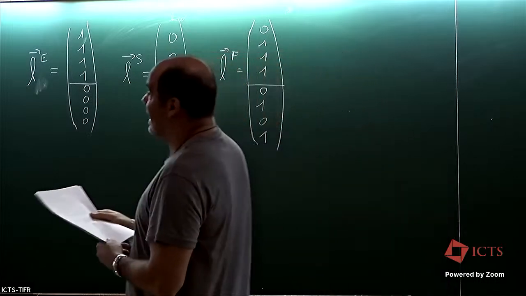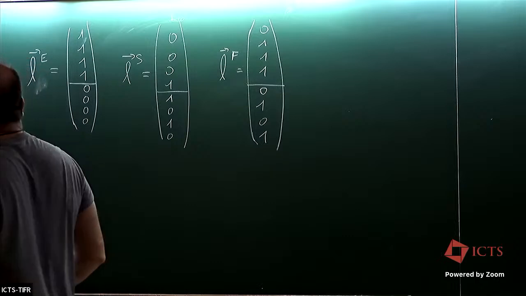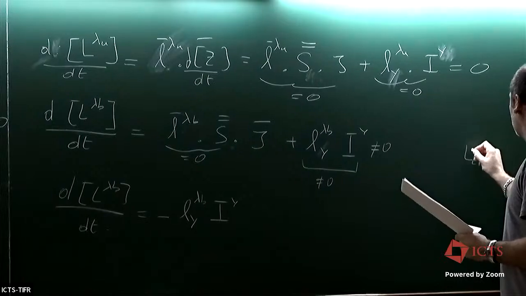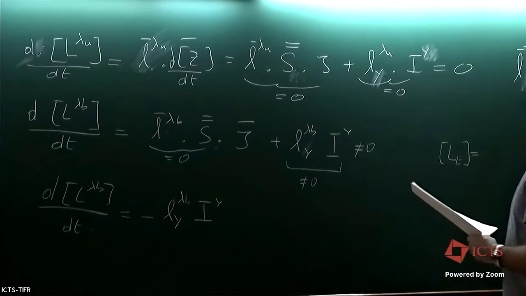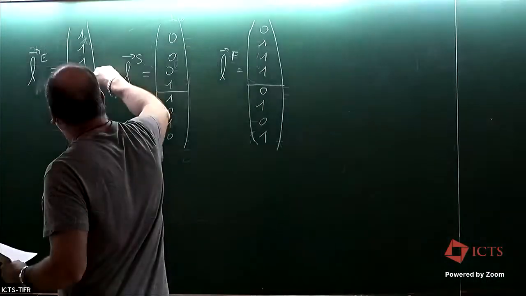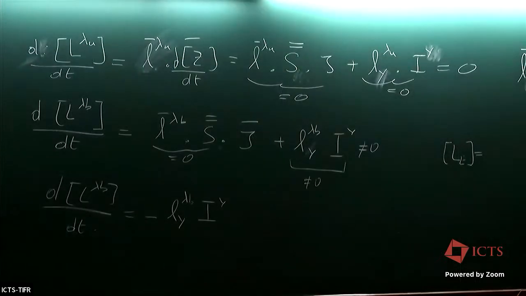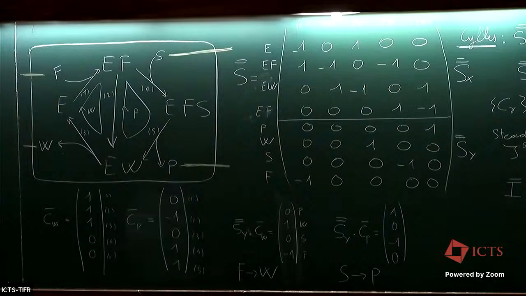Now let's look at a bit their meaning. So LE is the sum of the first 4 species, which are these ones, E, EF, EW, EF. So what do you think it means?